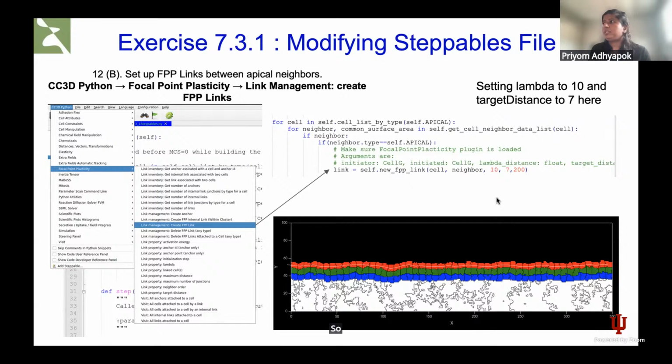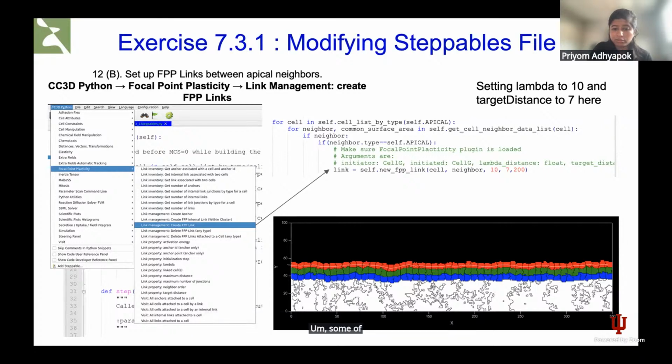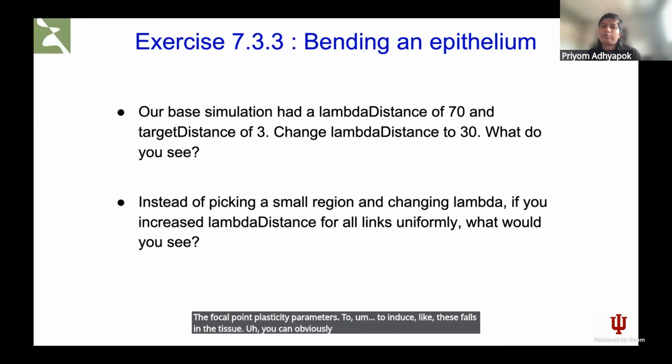So with this, these were just to give you a flavor of how you can play with some of the focal point plasticity parameters to induce these folds in the tissue. You can obviously build upon this to create more complex simulations.